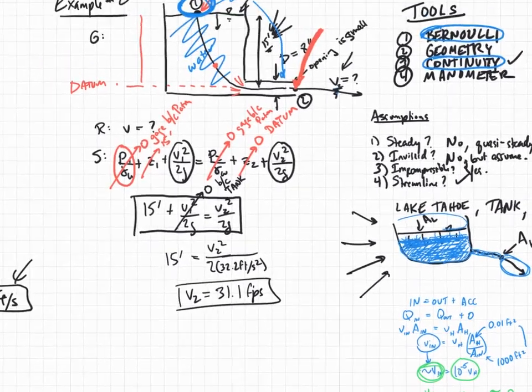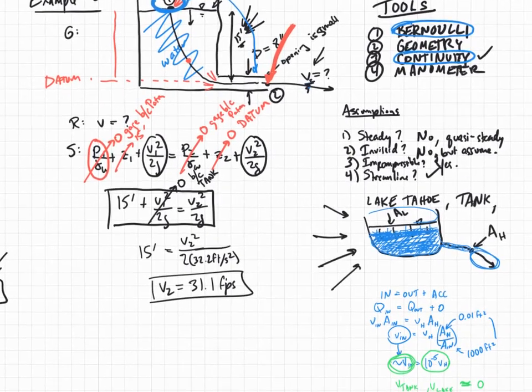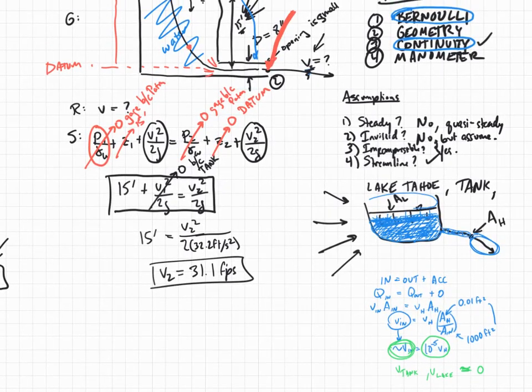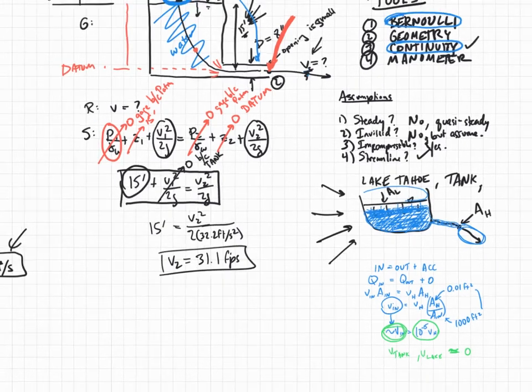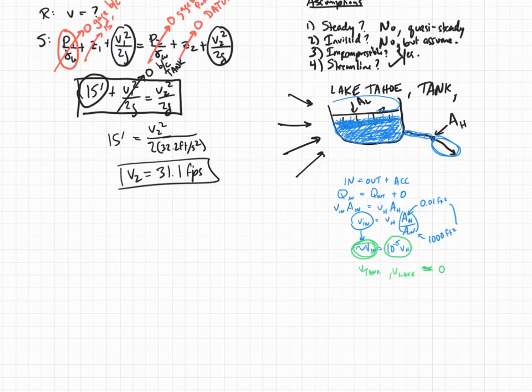So we're going to go ahead and break off and go to the second part. Oh, I should note, in case you're wondering, what would happen later, like the Gatorade problem, when that height gets a lot smaller? Let's suppose we had 1 foot equals V2 squared over 2g.